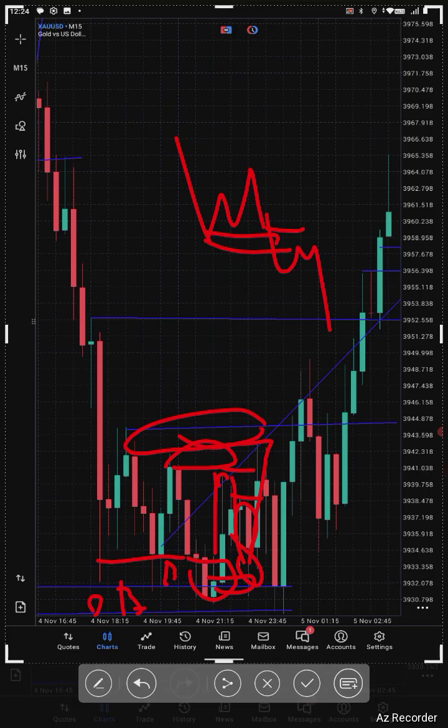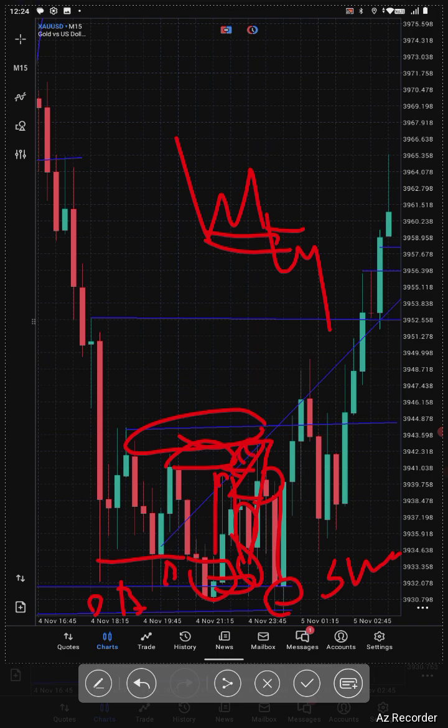So what does the price have to do? The price has to sweep down, you see here, sweep down to test the very strong support as a sweep. Why? Because there are a lot of buys and sells here. The traders buy here, but the smart money did not buy here.